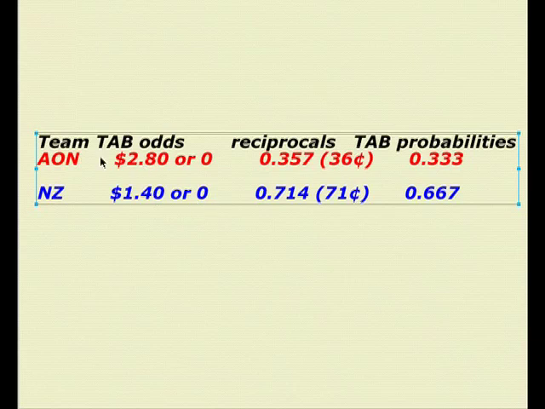Okay, if I bet on some other nation winning, it could be England, it could be France, it's just any other nation, then they will pay me $2.80 or nothing. So this $2.80 or nothing, or $1.40 or nothing, is a contingent payoff. It's an uncertainty. We don't know what that outcome is going to be.